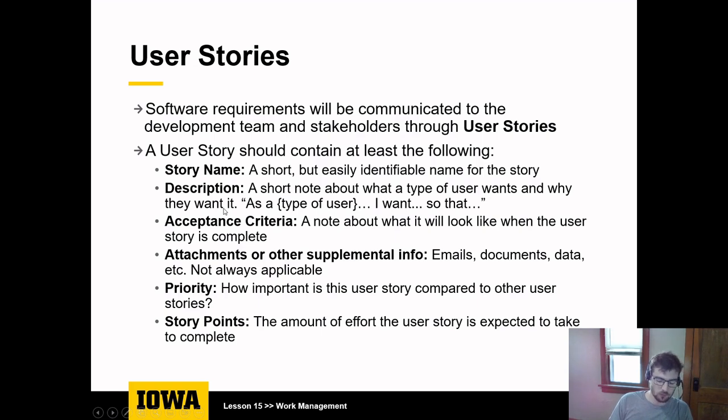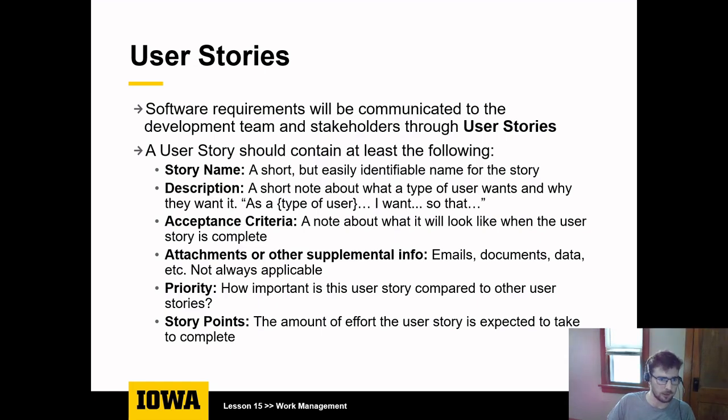And so for our course, we will use the following convention for writing descriptions. So we'll say, as a type of user, I want this so that this. So we'll talk more about different types of users, what they want, and why they want it. Okay?